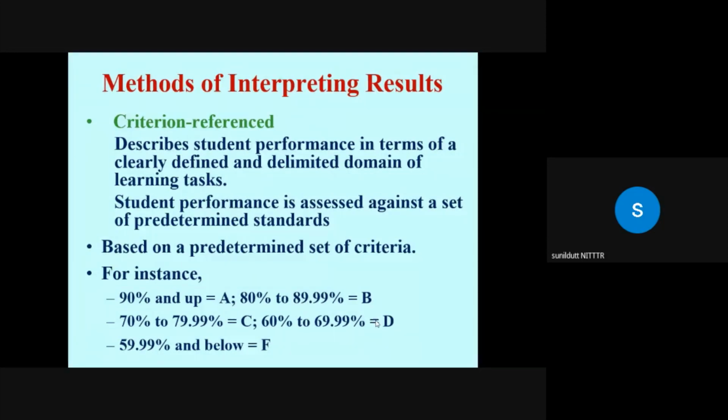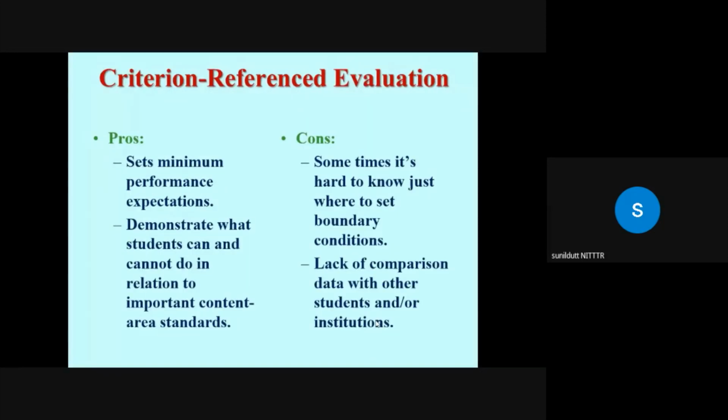Okay. Now there are certain arguments which are in favor of criterion reference testing. There are some arguments which are against the criterion reference evaluation. So in favor include that criterion reference testing sets minimum performance expectation and demonstrates what students can and cannot do.